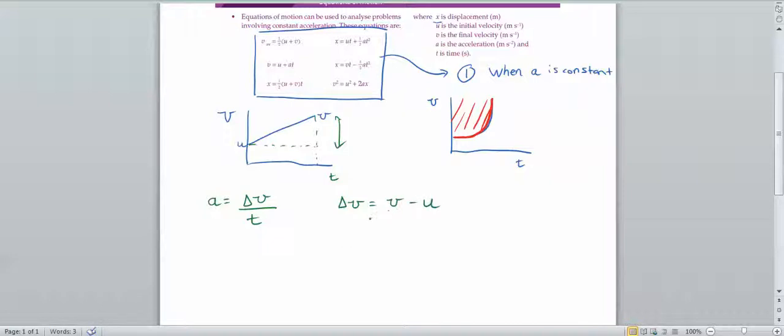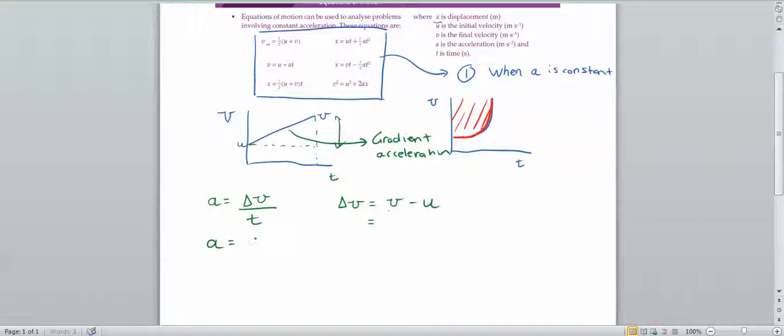And another way we could write that is our rise over run is our acceleration. So the gradient of this velocity time graph is going to give us the acceleration. And the acceleration is the rate at which the velocity is changing. So let's have a look. We've got v minus u. So how else could we write this equation?